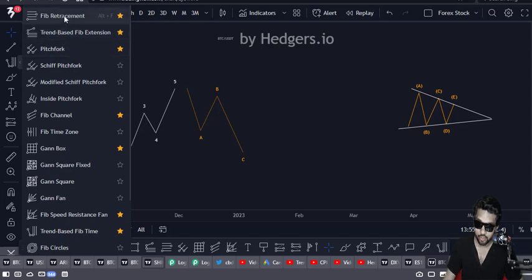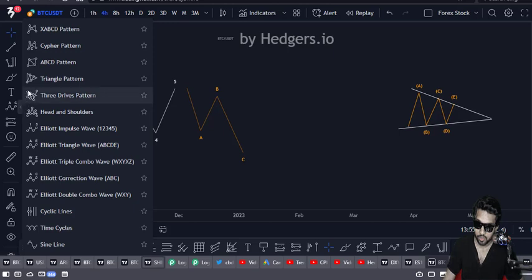These two tools are most useful, and after that you need Elliott wave impulse and corrective Elliott wave ABC. We are gonna also use Elliott wave triangle ABCDE to understand how the complex structure of the corrective wave works.